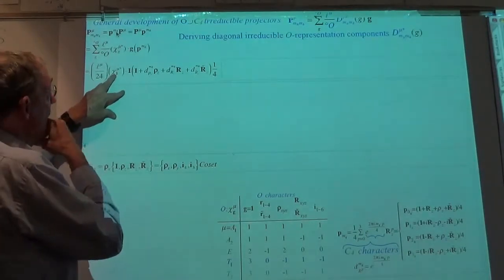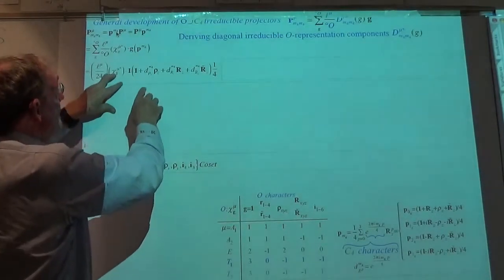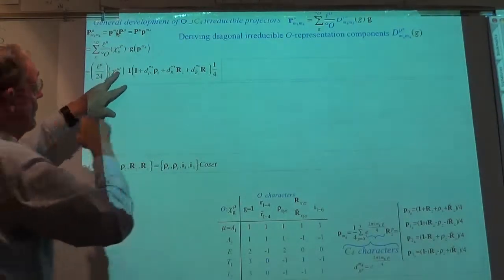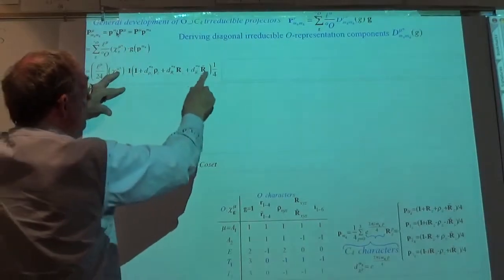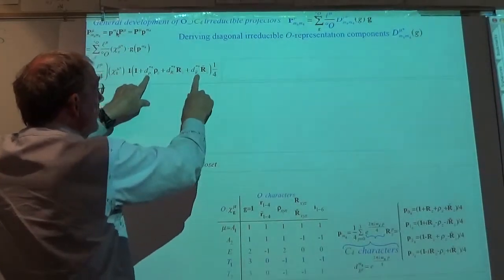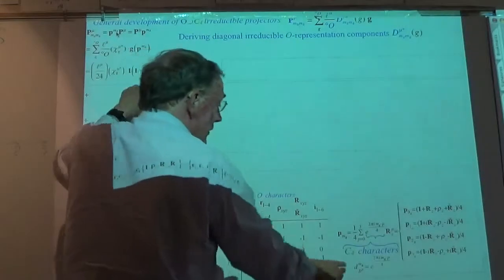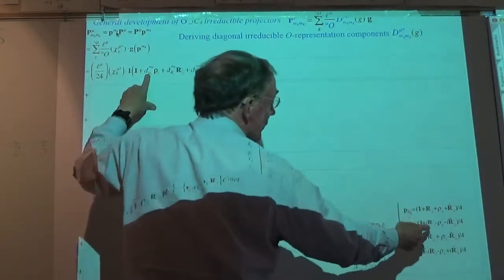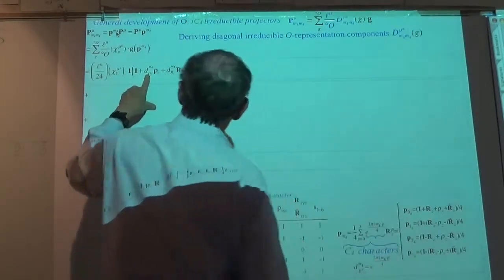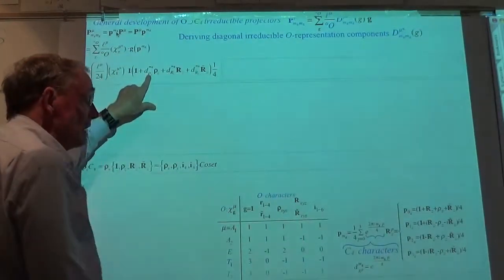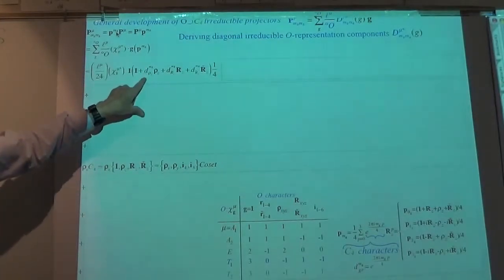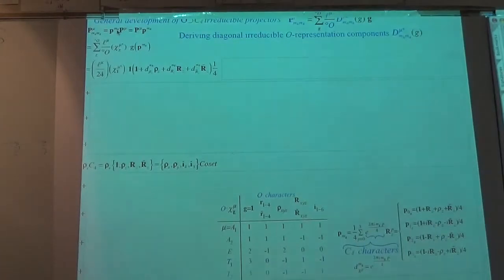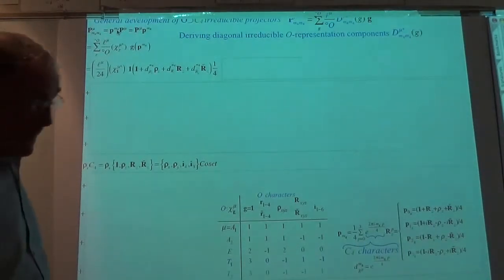I'm multiplying by projection operators, and the projection operator we're talking about is made up of the coefficients that are these little d's, these C4 characters, which are just plus and minus 1 and plus and minus i. These will be numbered later on, but right now I'm keeping them out in the open so you can see the structure of how we're putting the sum and multiplications together, okay?